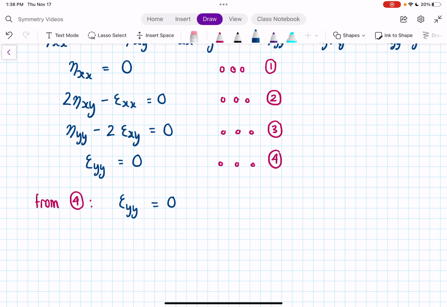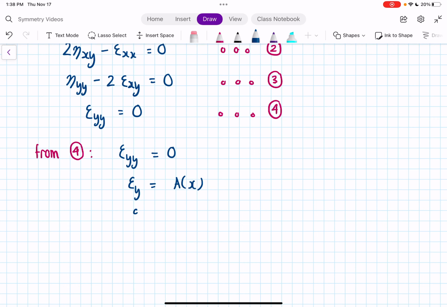So if I integrate once with respect to y, I'm going to get some function in x. And then if I integrate again, then it's some function in x times y plus another function in x. That's what I'm going to get there.